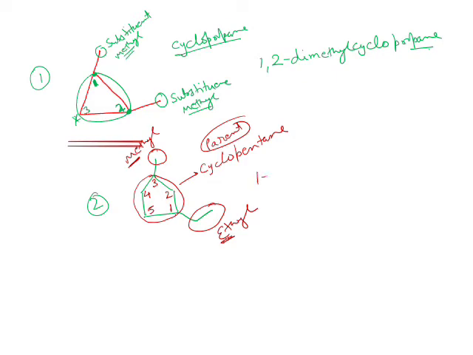So the name will be 1-ethyl, 3-methyl, then cyclopentane. So this is the IUPAC name, 1-ethyl-3-methylcyclopentane.